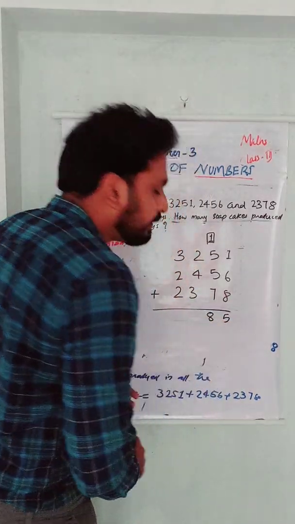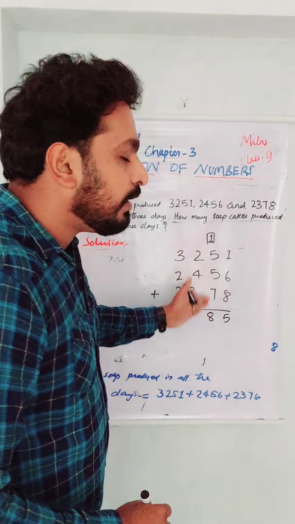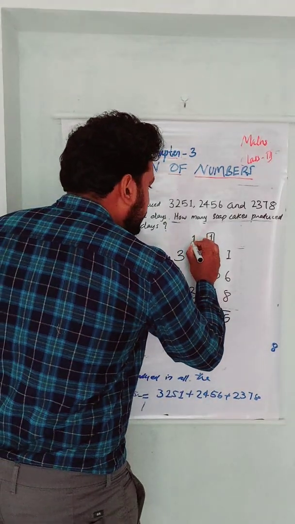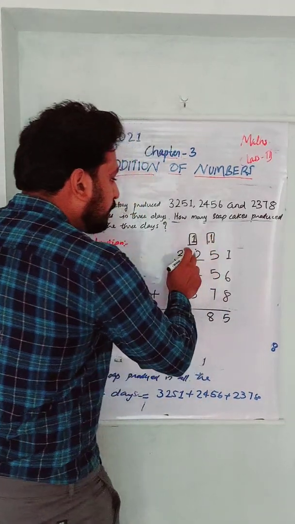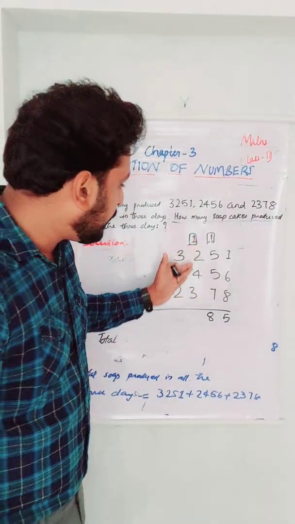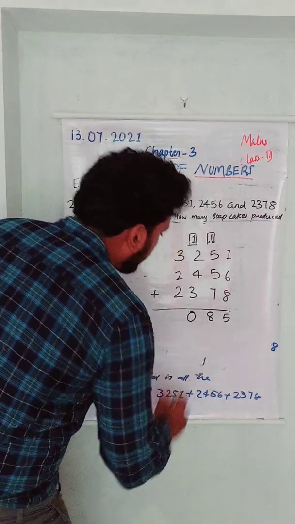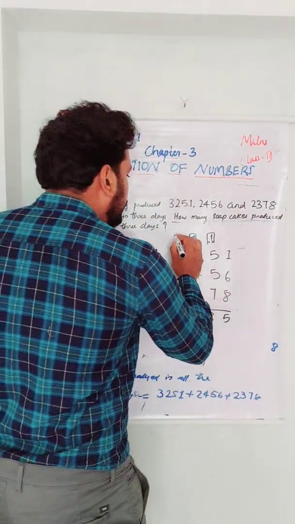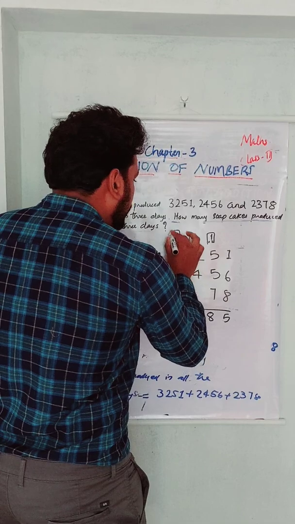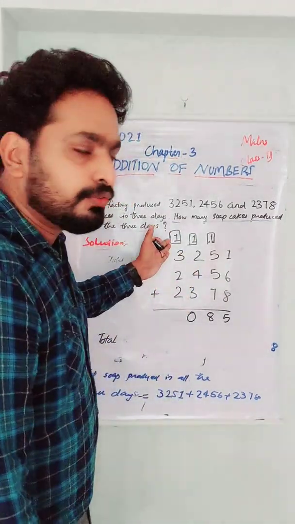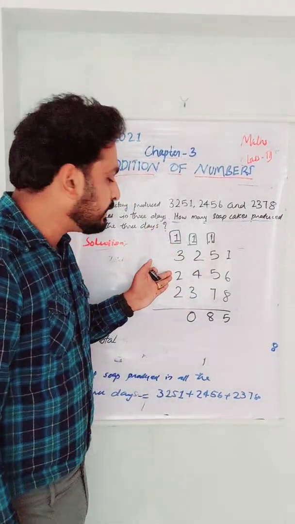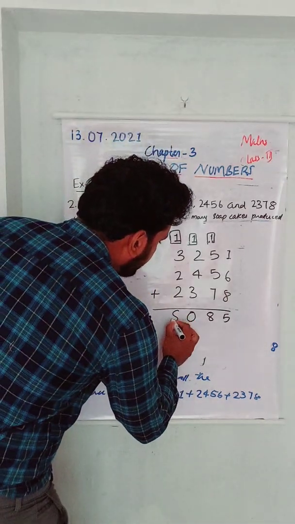Write 8 here and 1 is carried forward to the next column, that is hundreds column. 2 plus 1, 3, 3 plus 4, 7, 7 plus 3 is 10. Again 1 is carried forward to the next column, that is thousands column. 3 plus 1, 4, 4 plus 2, 6, 6 plus 2 is 8.